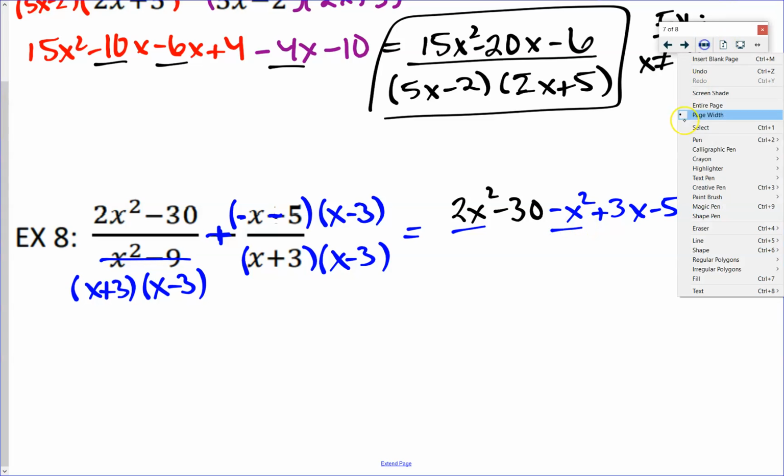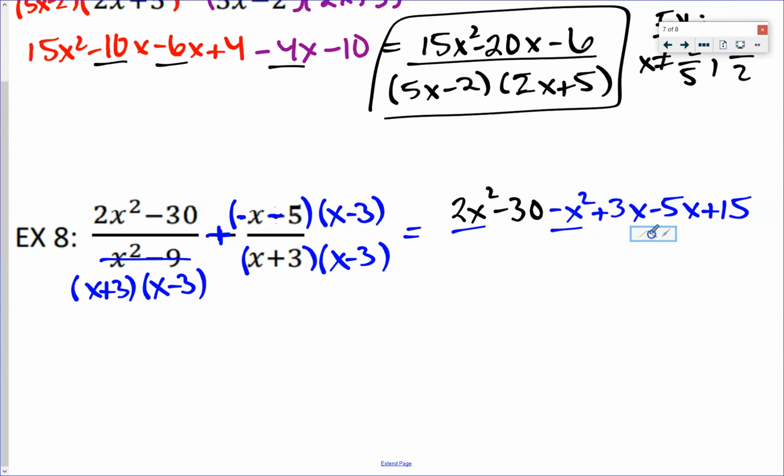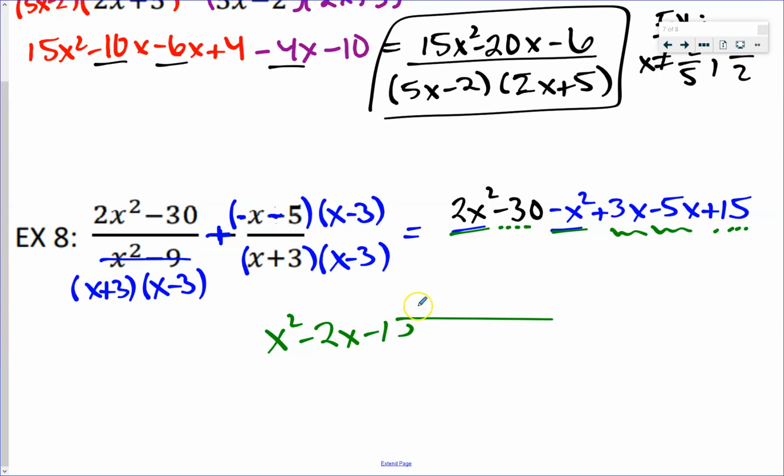All right, just like last time, let's try to factor our numerator and see if we can simplify anything. Does anything multiply to give me negative 15 and add to give me a negative 2? I believe that is going to be negative 5 and positive 3. And look at that. We are going to get to cancel out a common term, which is the x plus 3.